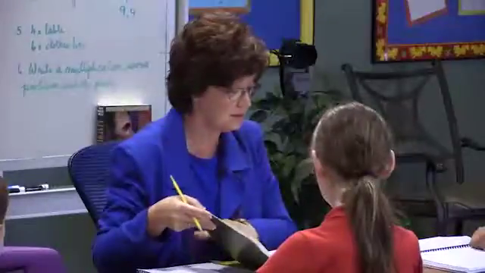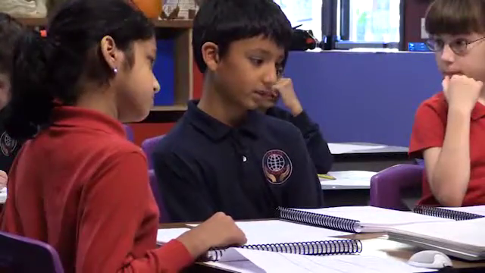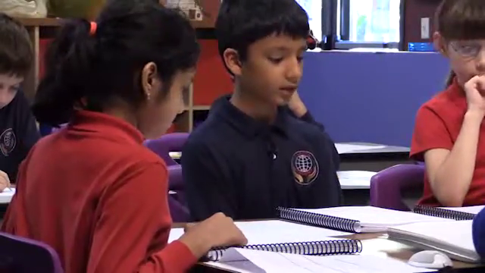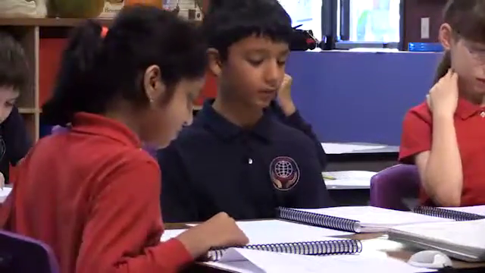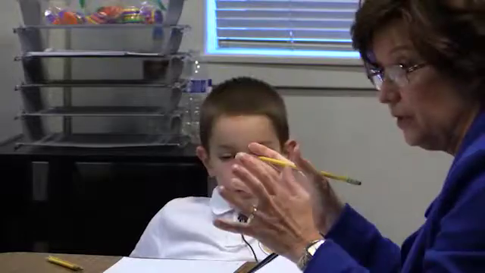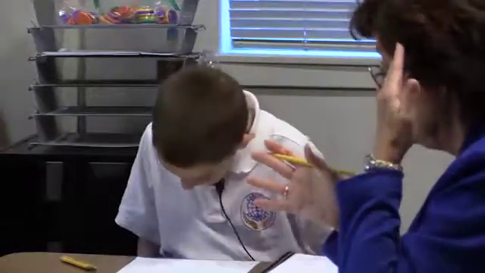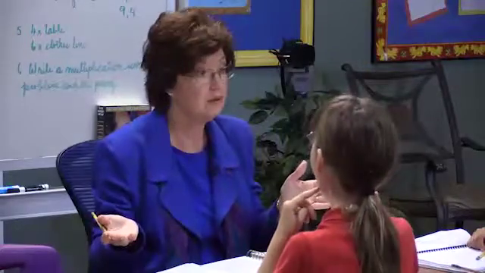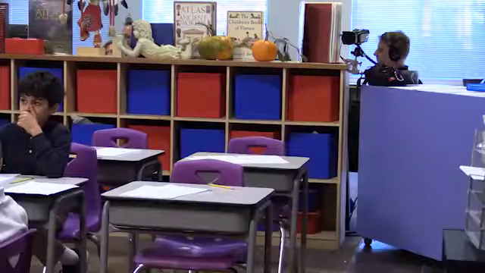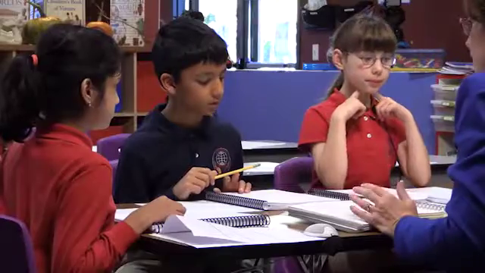Let's take a look at this. Well, what information are we given first? That there are 500 people in the restaurant. So that's the first piece of information. We have 500 people in the restaurant, but then we're told what? Only 4 people can be at each table.